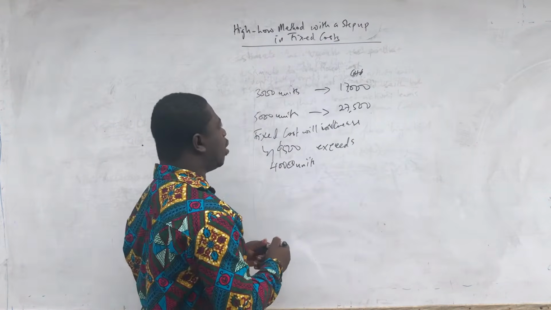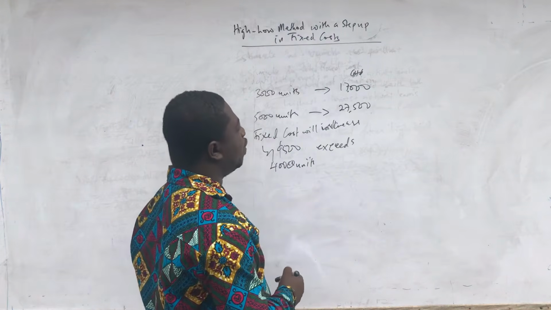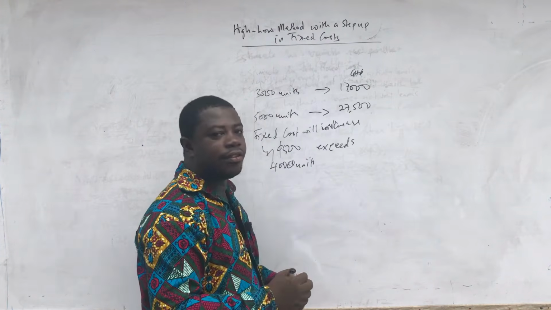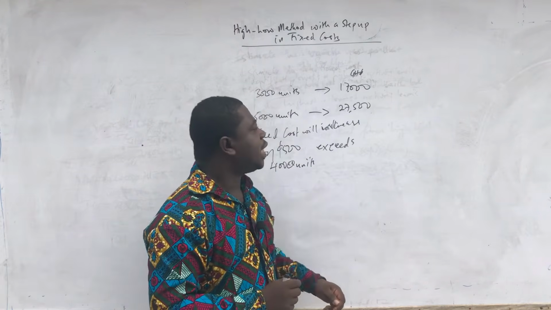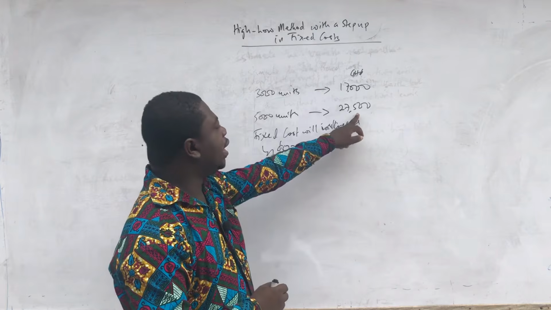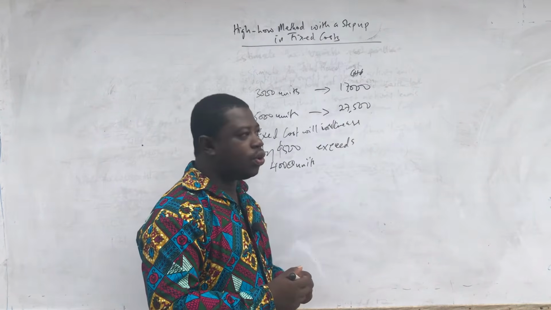And so let us assume we are subtracting the 500 from the highest activity level. So we have two options. I repeat, it's either we are taking out the increase or we are adding to where there is no increase.